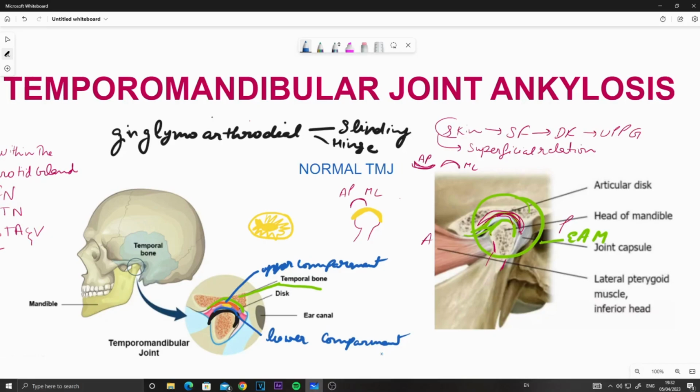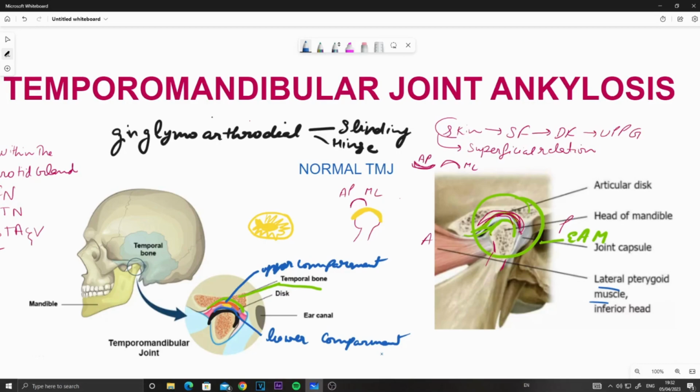Now this is the lateral pterygoid muscle, and it is attached through a tendon to the disc. And there is a thick neurovascular connective tissue called the retrodiscal pad posteriorly.